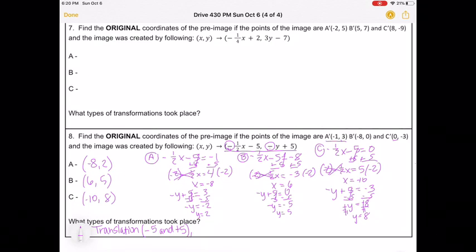Since that was a double negative, you might need to look back at your notes for rotations and the mapping rules we wrote down there. When they are both negative, that's a 180-degree rotation. And I would just write negative x and negative y.